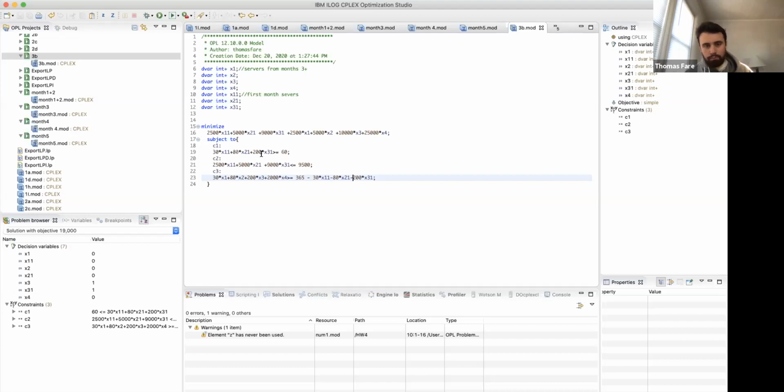Part B is like, all right, buy the cheapest option, but keeping in mind that any leftover we have from the first 2 months, we could use in the future months.